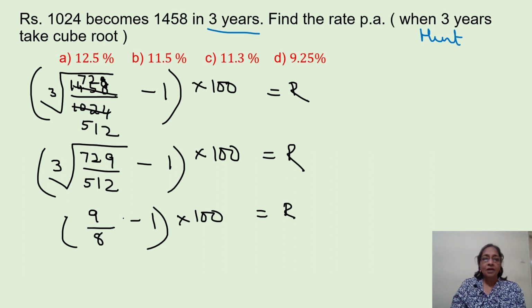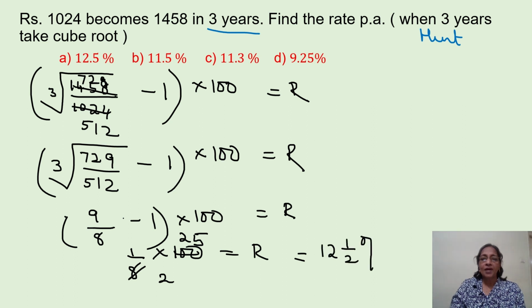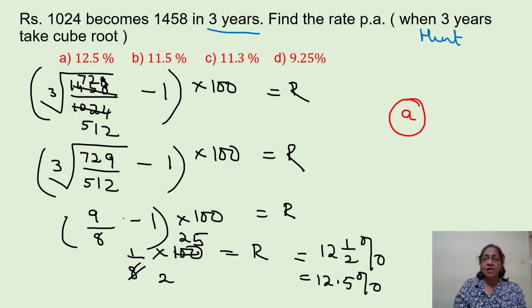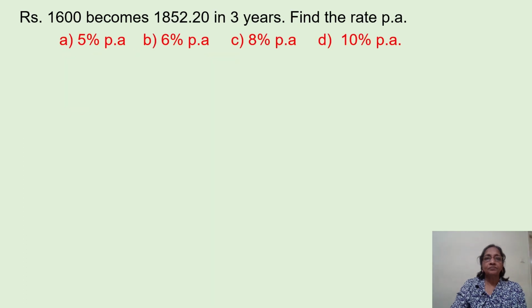So this will be 1 upon 8 into 100. 4 twos are 8, 25. So R will be 12.5%, or what we have got in our option as 12.5%. So your correct option in this case is the A option. Okay, let's go to the next sum.